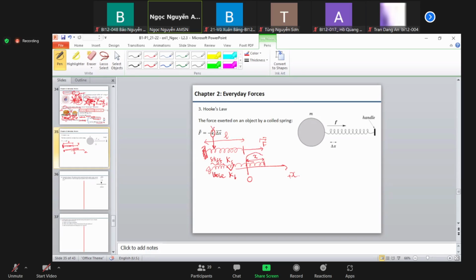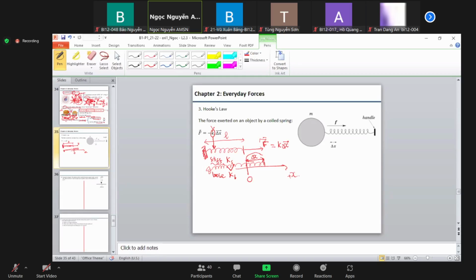It depends on the shape and the material you use to make the spring. And F here will be equal to k multiplied by, I call it, delta x. In this case F and delta x are positive.